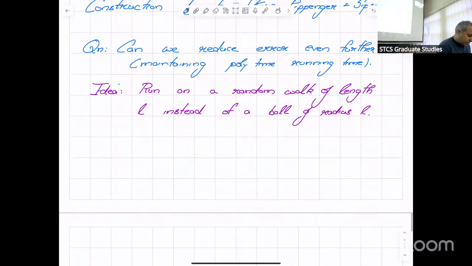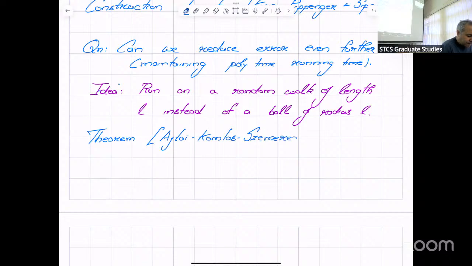So this will actually prove the following theorem, due to Impagliazzo and Zuckerman.